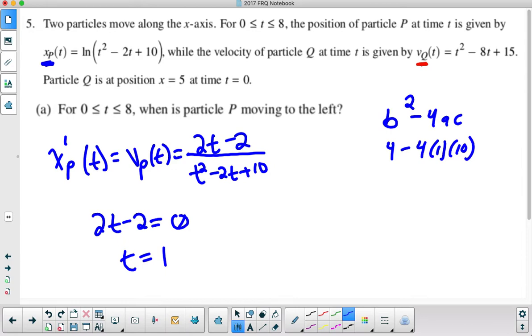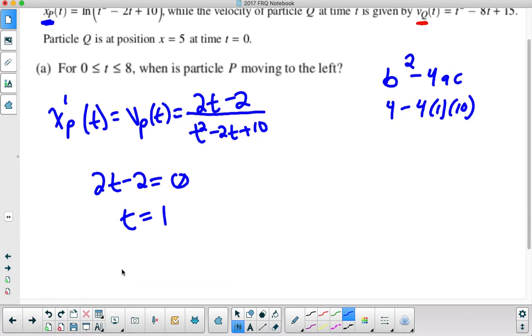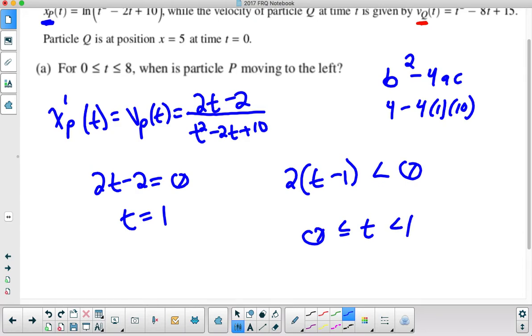Okay, so if we want to know where it is moving left, we have to figure out where this is negative. Okay, so if we factor out a 2, t minus 1, we want to know where this is less than 0, and that's only going to happen for values between 0 and 1.